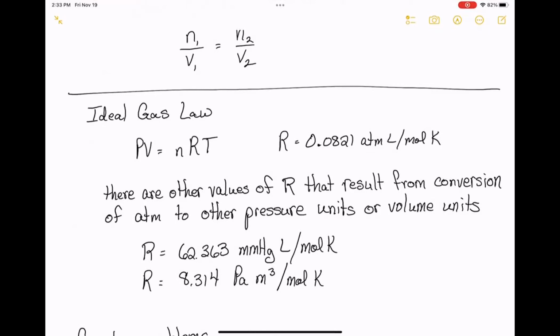Or they can arise when you convert the pressure unit and the volume unit to a different set of units. Again, I'm only going to be giving you R is 0.0821 atmosphere liters per mole Kelvin on the exam.